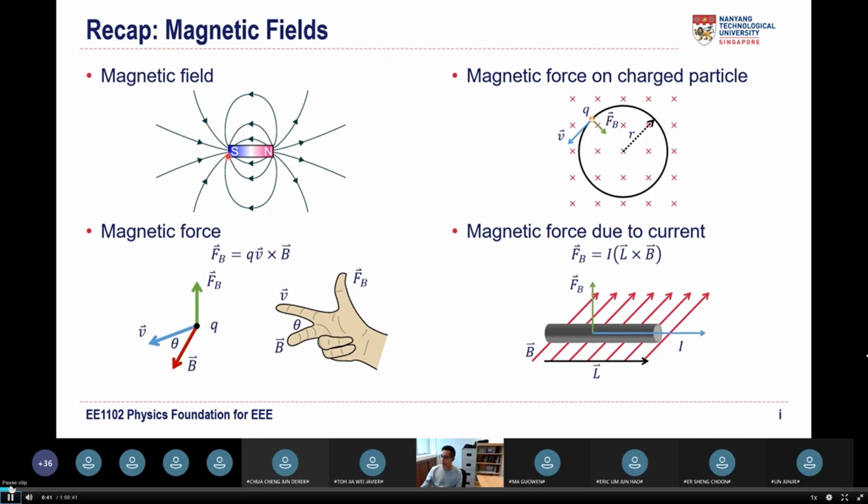We discussed how around magnets, we can have magnetic fields, and we can visualize a magnetic field using these magnetic field lines.